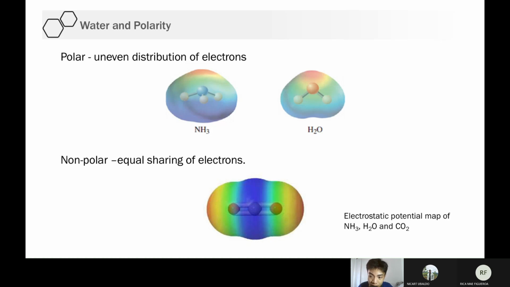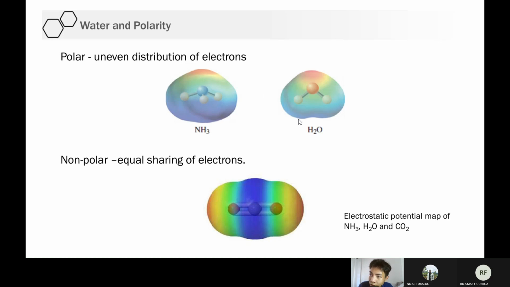Okay? Mas mataas yung negativity niya. So, siya yung hihila ng electrons, leaving virtually no electrons for the hydrogen. So, since may gradient tayo dito ng electron distribution, ibig sabihin uneven yung distribution ng electrons, polar yan. Same as with water.